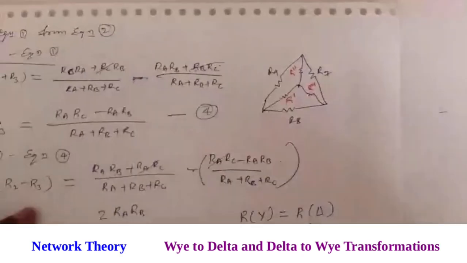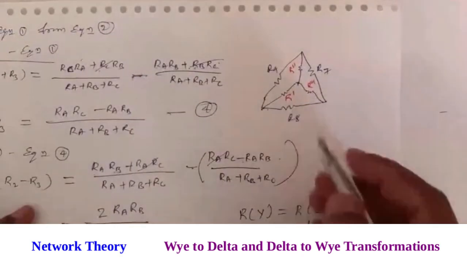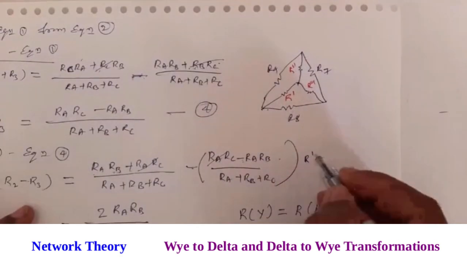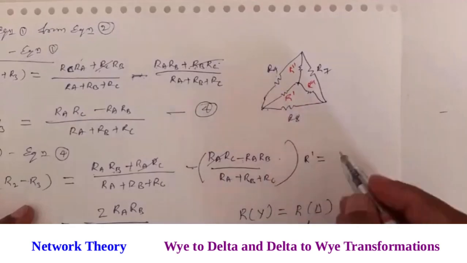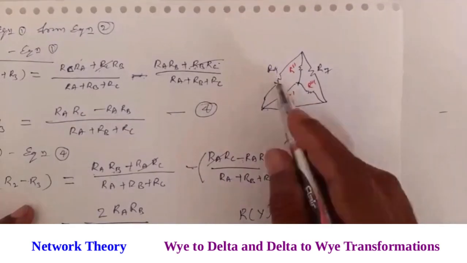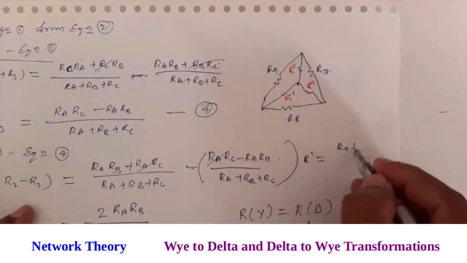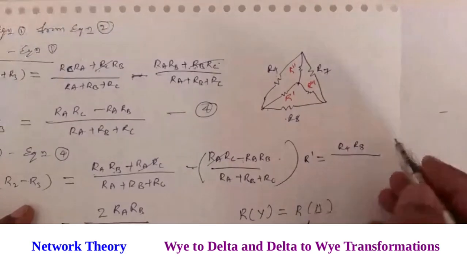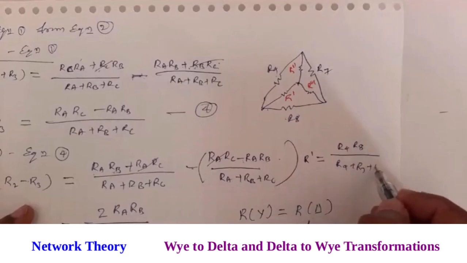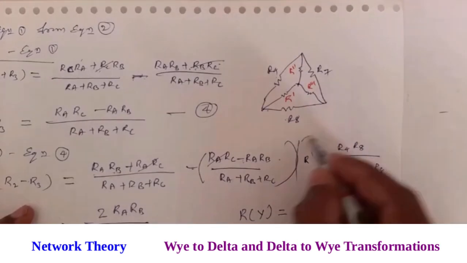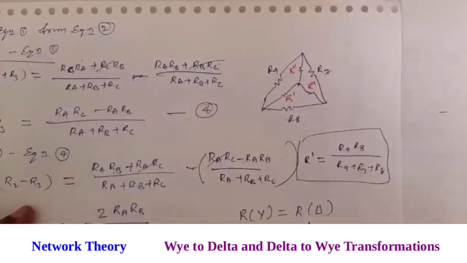Now R dash is equal to the two closest resistances, one is R4, another one is R8, divided by all the resistors, R4 plus R7 plus R8. This is how you should find it. You need to remember this.